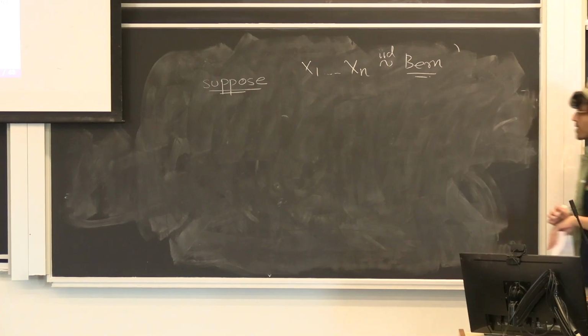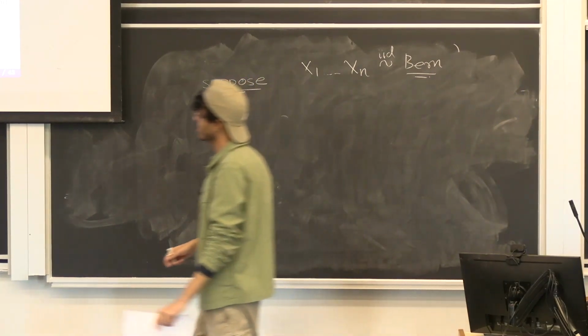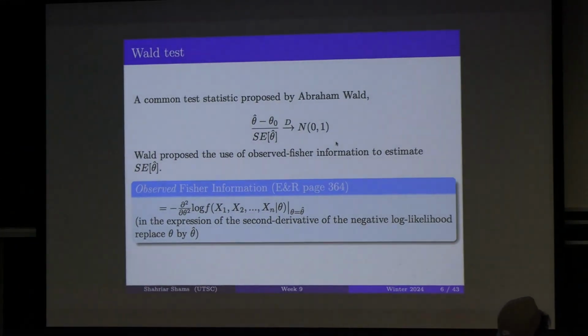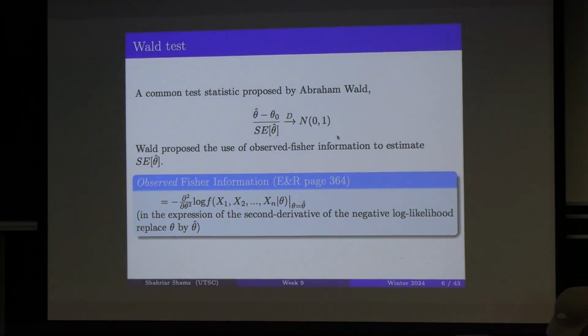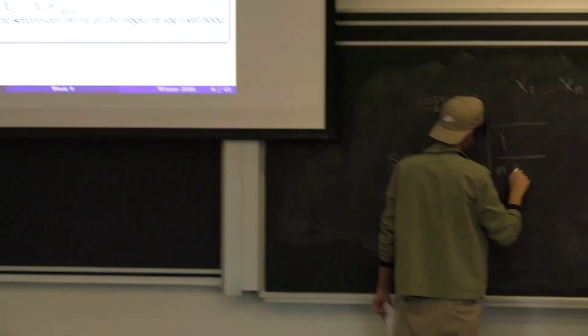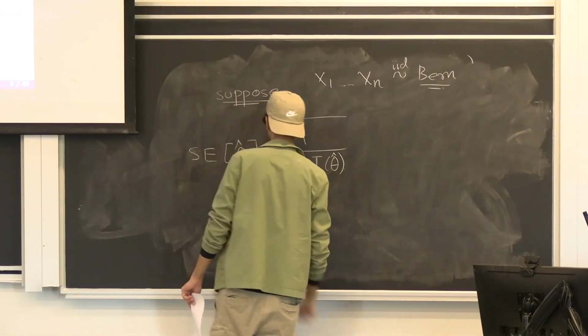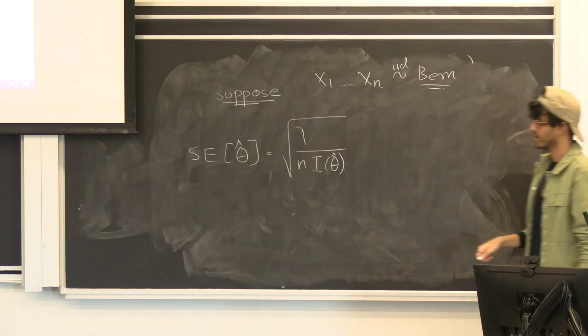We want to figure this out where the observed Fisher information, so the SE at the MLE is just the square root of 1 over n times this observed Fisher information, this value over here.